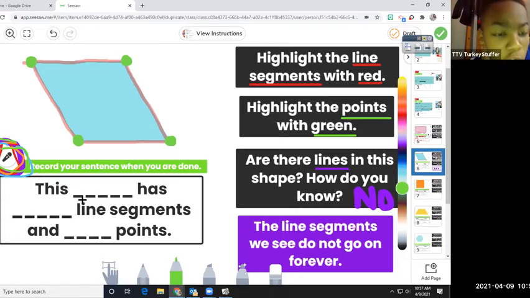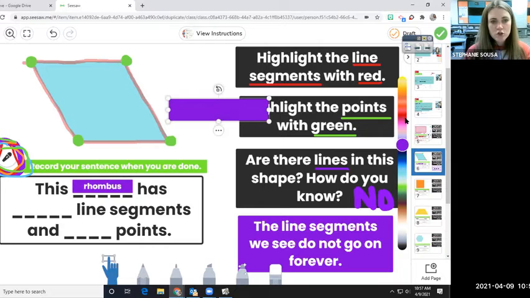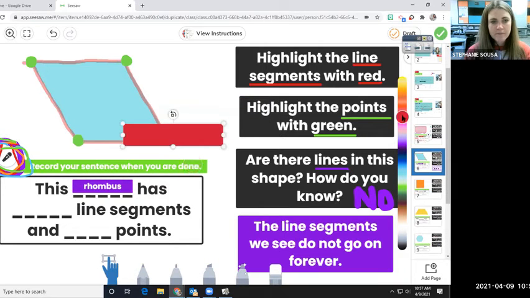Okay. So this blank has blank line segments and blank points. This is asking us to describe. Let's describe. This shape right here is called a rhombus. Y'all thought you knew all your shapes too. This rhombus has blank line segments. How many line segments did we draw? We traced or highlighted 4 of them.